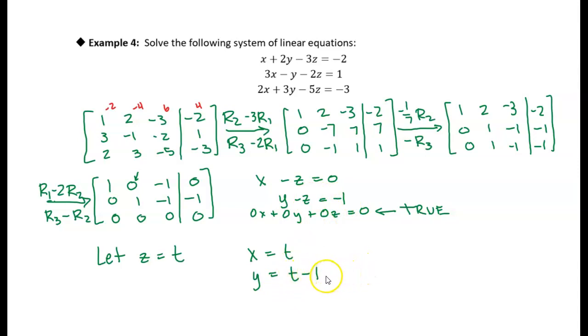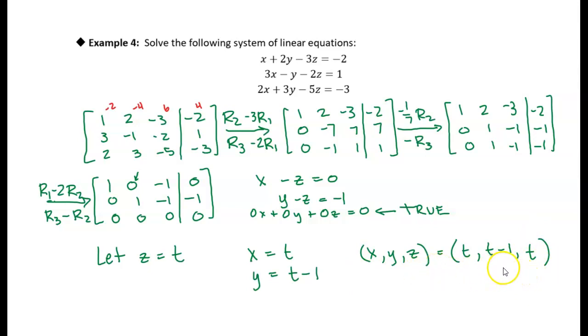So I can express this solution as x, y, z, those are my values, is equal to t, t minus 1, and then t. Z is t. So that's my solution.